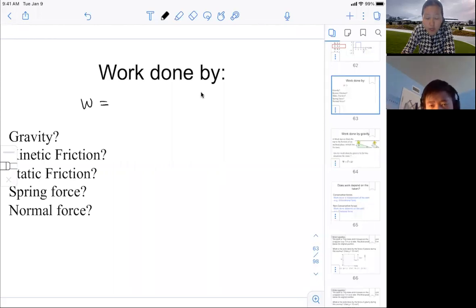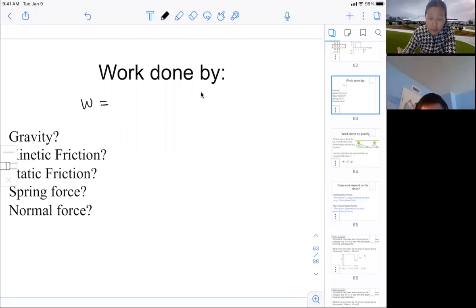But if we want to be more accurate in our definition, remember, we keep on improving our definition. Sometimes the distance depends on the route that you're taking. Sometimes it only matters what your beginning and your end point is. For some forces, as we will see today, you do need to use the distance, and for some forces, you have to look at the displacement.